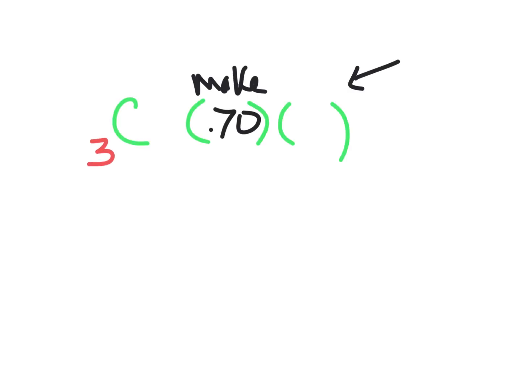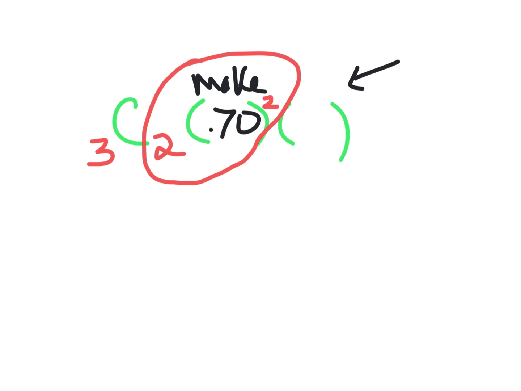3 shots, make 2. You may recall I'd circle these to remind you that they all go together. If I'm making 2, then I'd put a little squared right there. By now you should know this is 0.30. These together have to make 100%. And this is supposed to be about misses.